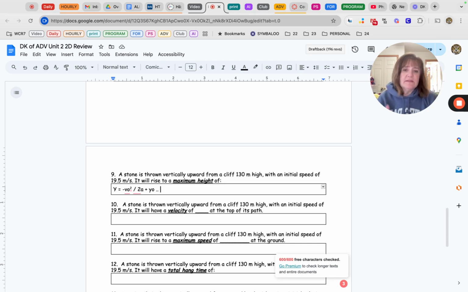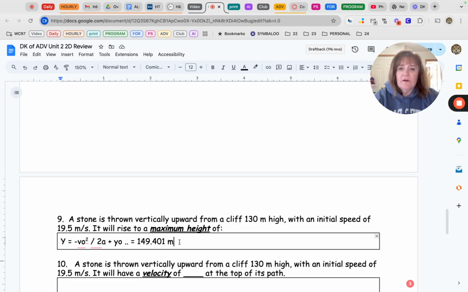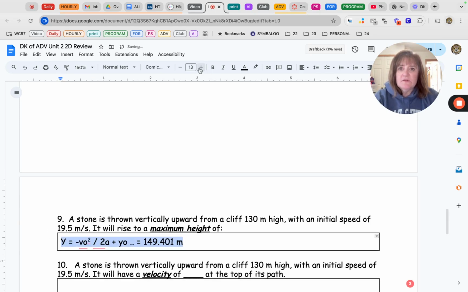I'm just going to put 19.6 in my calculator so that I don't have to worry about whether I'm really dividing or adding. Then I'm going to add my 130 back in so that I get a height of 149.401 meters.